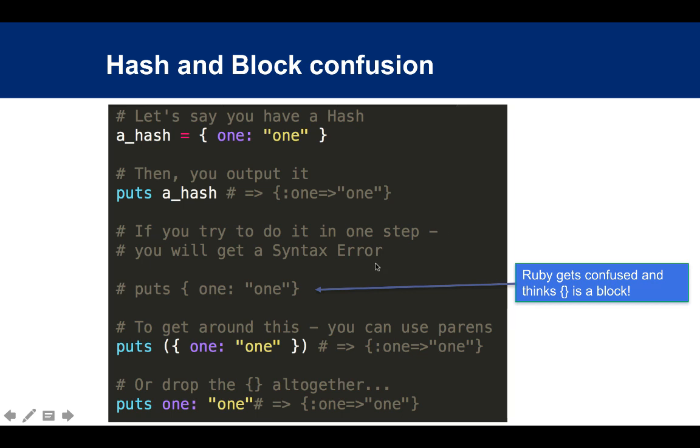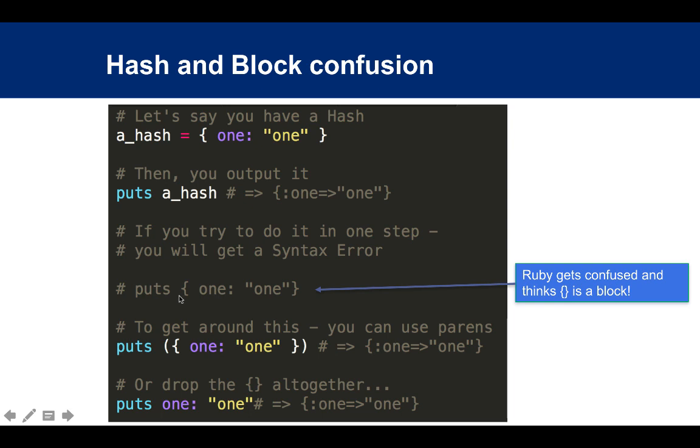So far, so good. Now, let's say you don't want to create a variable called a hash, and you just want to output it in one step. So you want to say puts, and then you want to output this hash with a key 1 and a value 1. Well, you can't do that. That will be a syntax error.